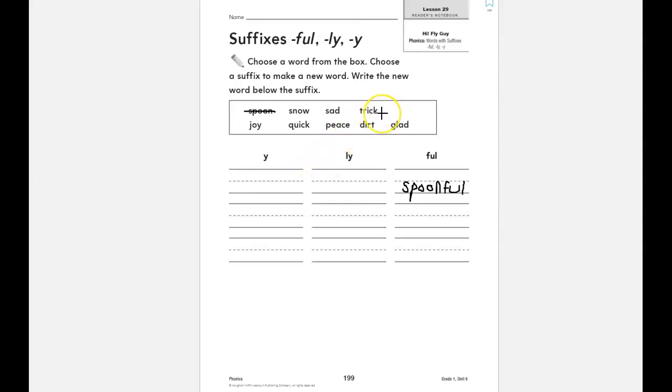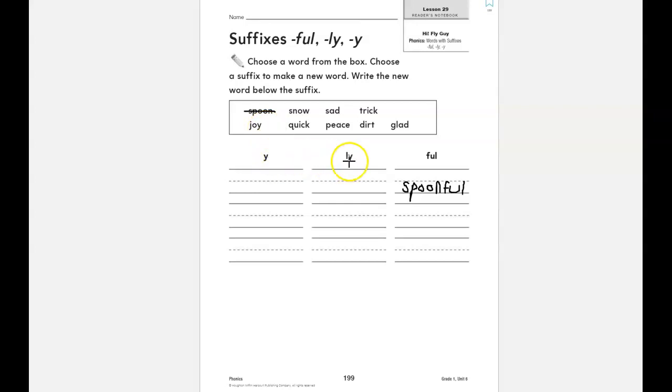For the next word, trick, what ending would you add? Trick, e, ly, full. Write the word trick with its new suffix ending underneath the correct column. For the word joy, which ending would you add?